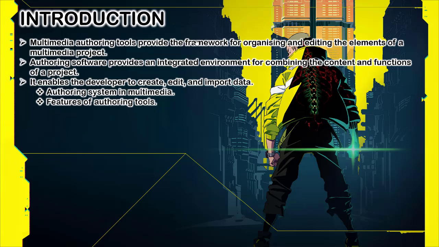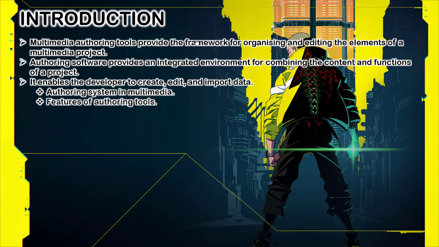Authoring software provides an integrated environment for binding together the content and functions of your project, and typically includes everything you need to create, edit, and import specific types of data, assemble raw data into a playback sequence or cue sheet, and provide a structured method or language for responding to user input. With multimedia authoring software you can make video productions, animations, games, interactive websites, and so on.